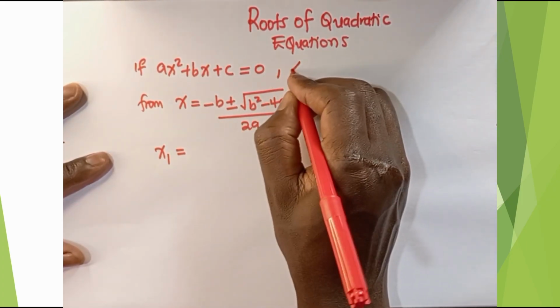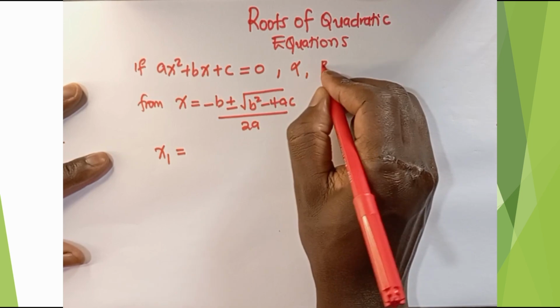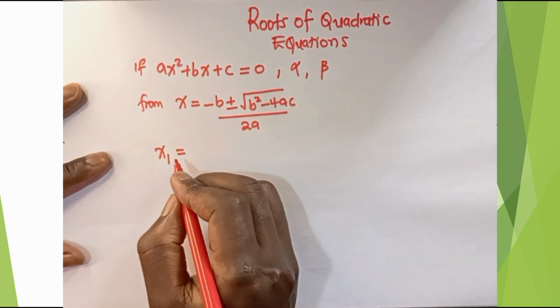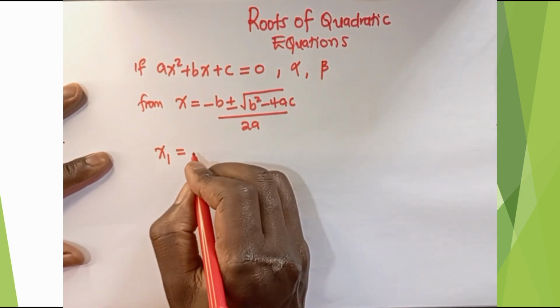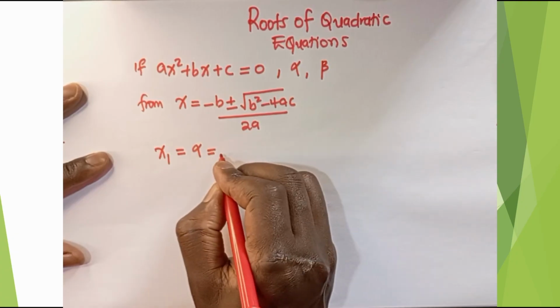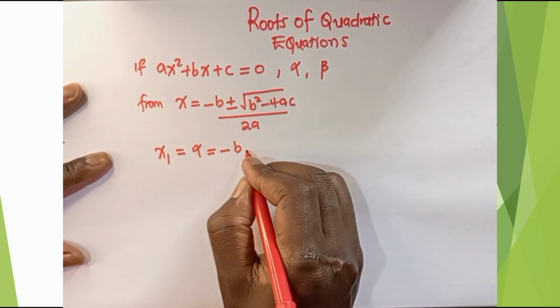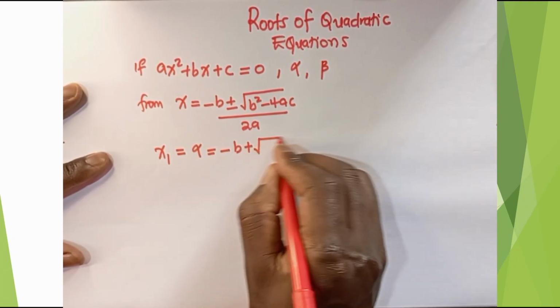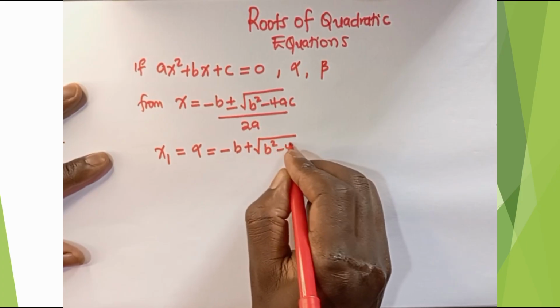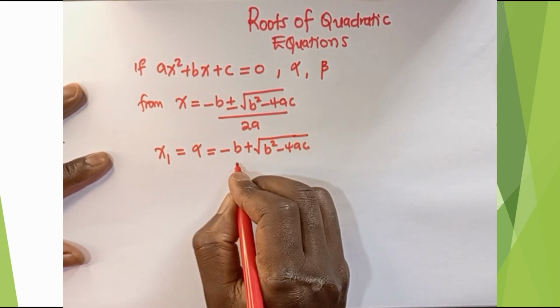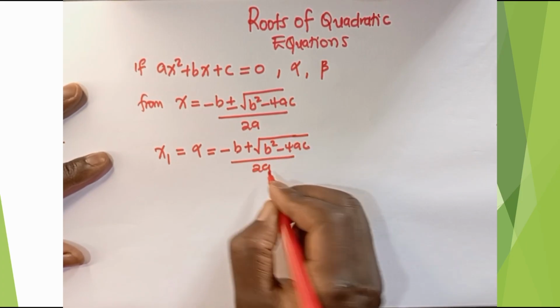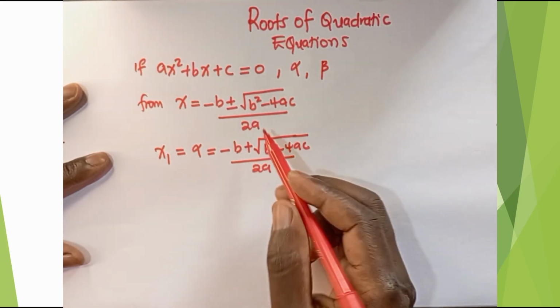We have one that is called alpha, and another that you call beta. The first root, x1, is alpha, which is always negative b plus the square root of b squared minus 4ac out of 2a. This is the first one.